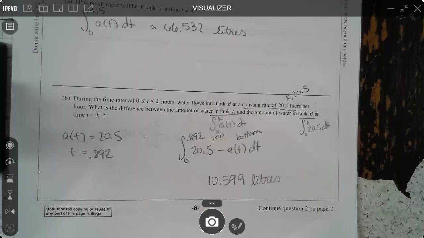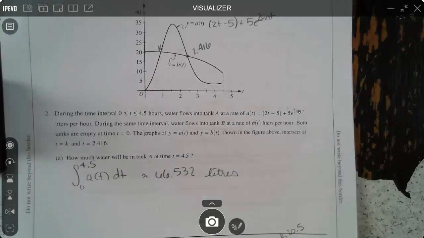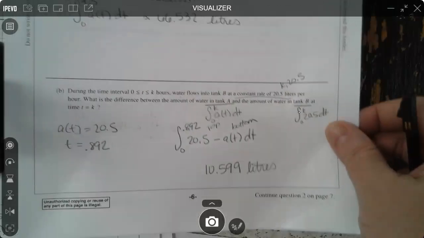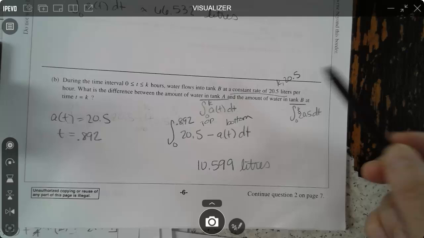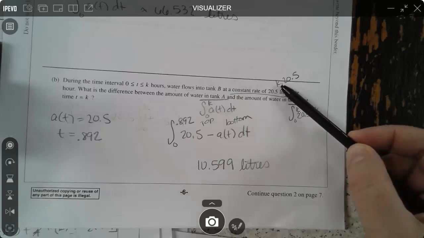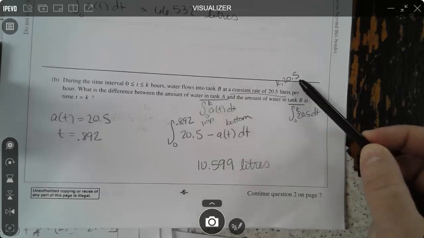You want to know during the time water flows into B at a constant rate, where does this happen? This is the place where they intersect. Because in order to find this K value, I had to set A of t equal to 20.5.